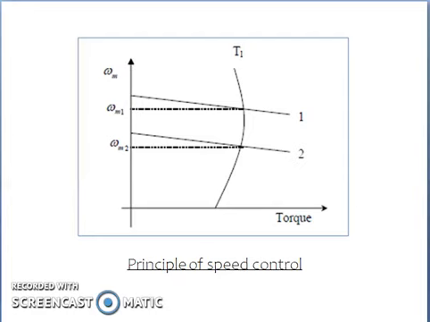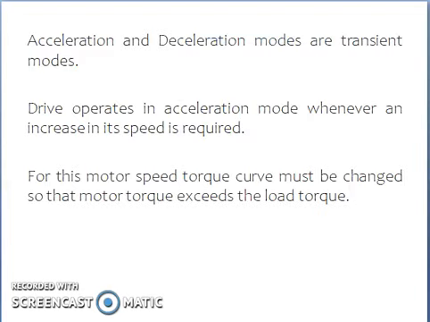For this, the motor speed torque curve must be changed so that motor torque exceeds the load torque. The time taken for a given change in speed always depends on the inertia of the motor load system and the amount by which motor torque exceeds the load torque.